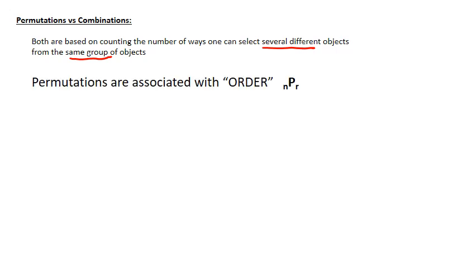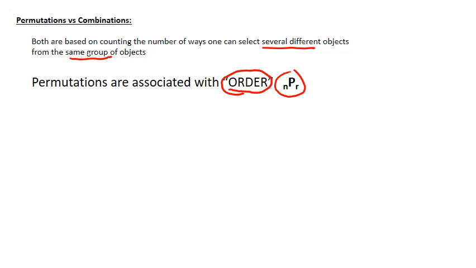Now, a permutation is identified with the word order, meaning when something is selected, it makes a difference. The notation we have here is given by P of n pick r. We're choosing from n different objects, right? And again, you have a button on your calculator. You should have one that calculates that for you.